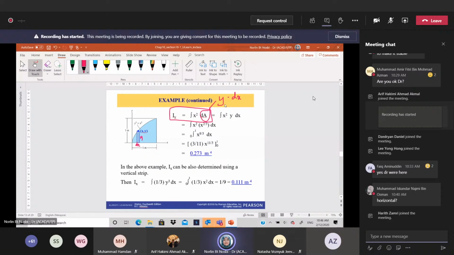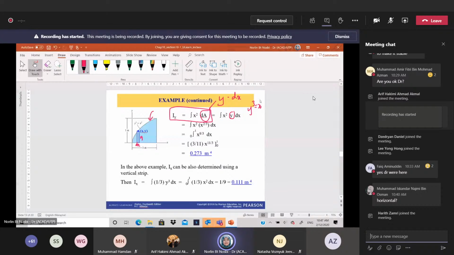So just fill in back. It will be x squared y dx. This one, the derivation is on x, so you have to change this y to x. How? It is from the curve here: y to the power of 3 equals x squared.